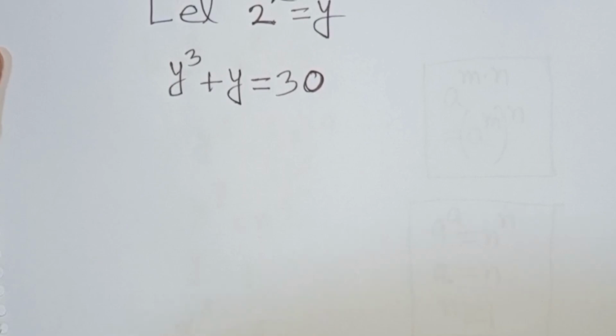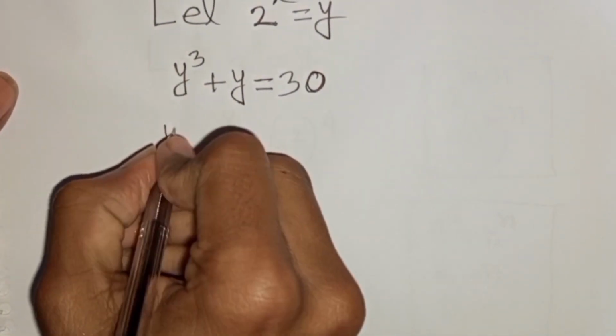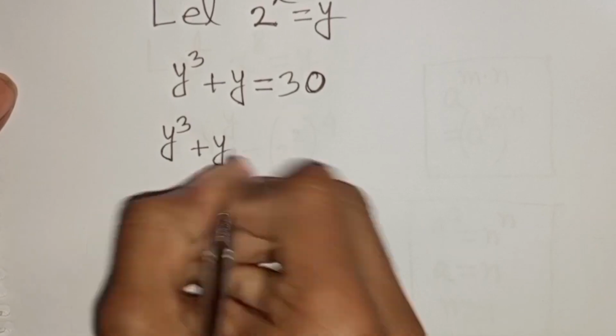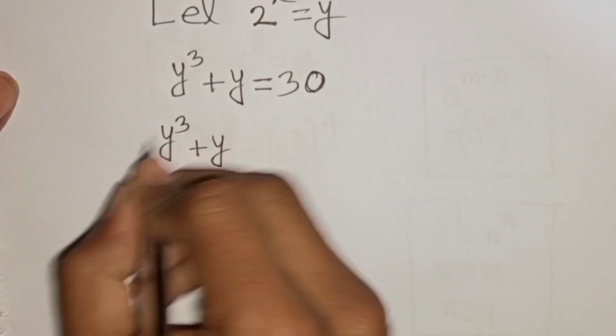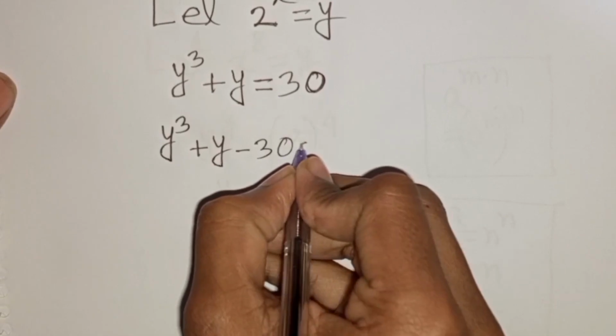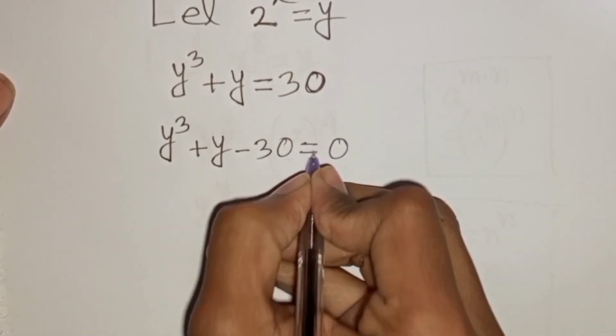Now I can write here y cube plus y, then this plus 30 take to the left side, so this will be minus 30, is equal to 0.